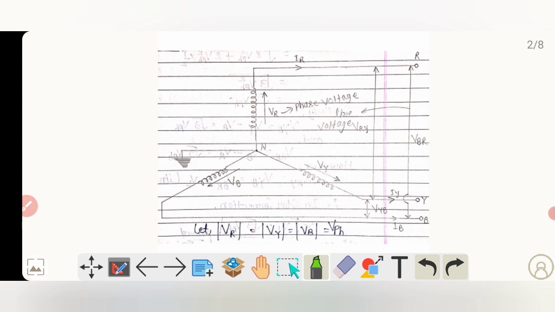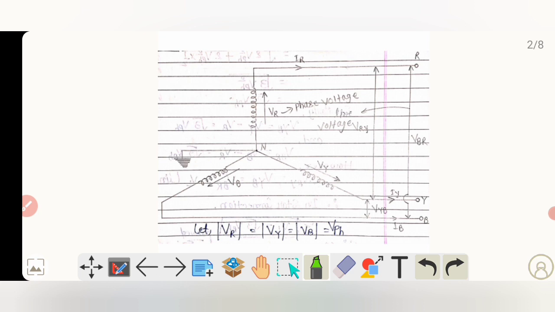So the voltage between the line R and the line Y is denoted by VRY, and similarly the voltage between Y and B is denoted by VYB. All these, that is VBR, VRY and VYB, are line voltages.